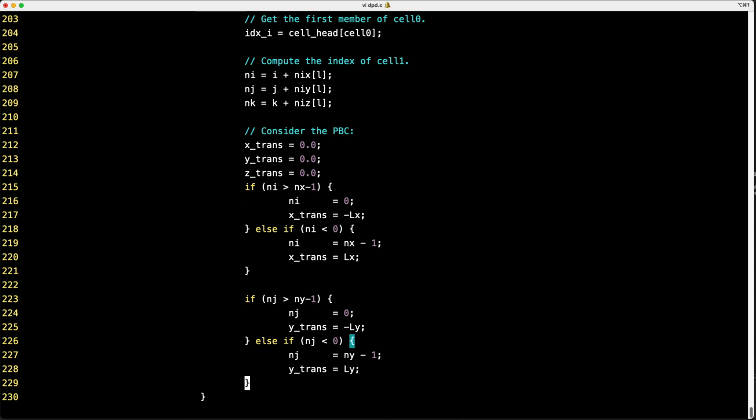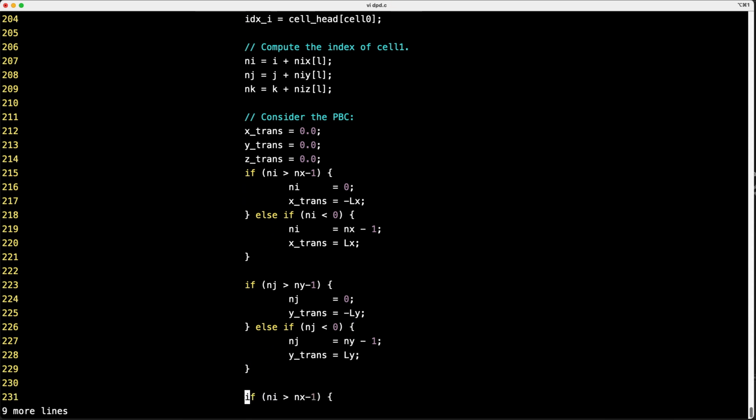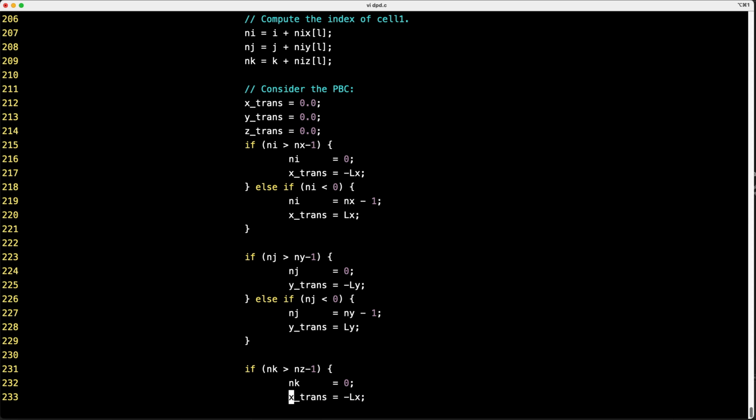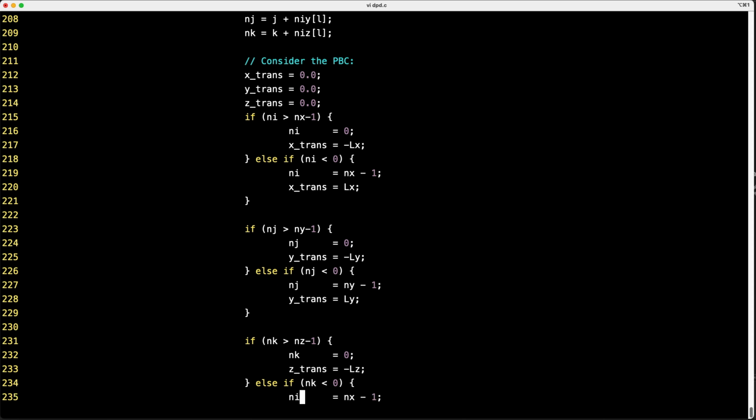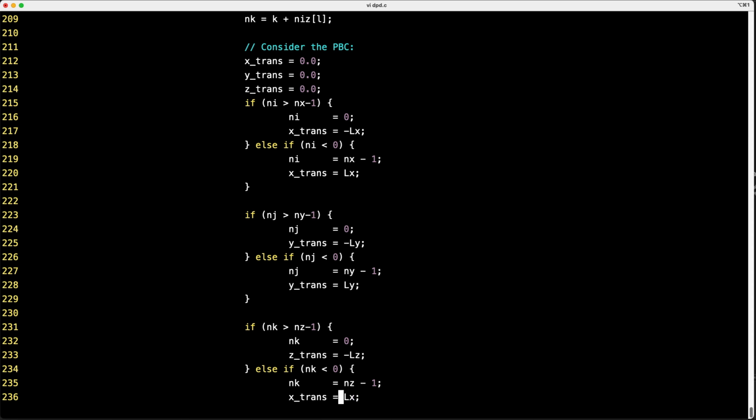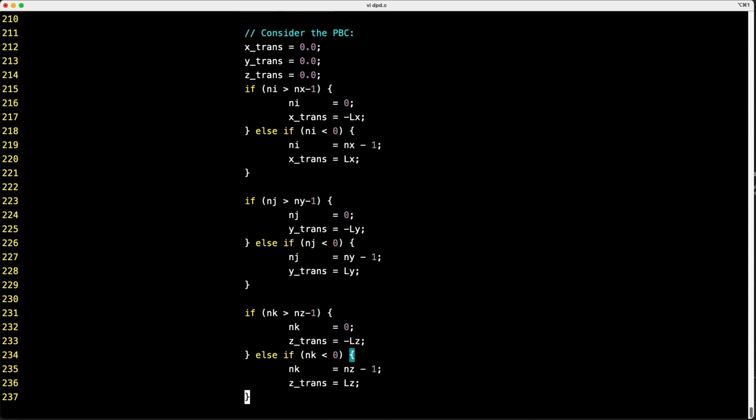All right, so we got that. And then one last time in Z. So if nk is greater than nz minus 1, then nk is equal to 0, and z trans is minus lz. And if nk is less than 0, then we want it to be equal to nz minus 1, and z trans would be lz.